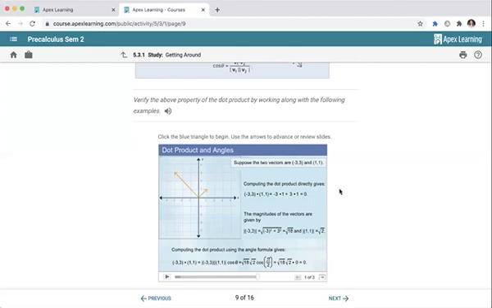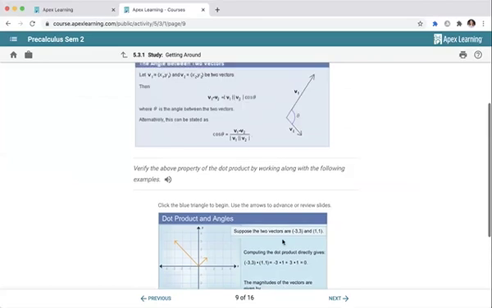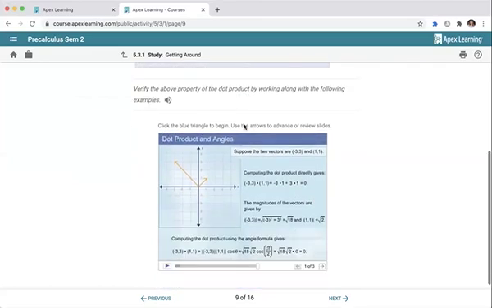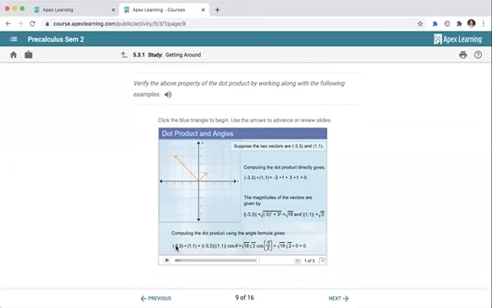Then if we were to compute this entire dot product, we would have v1 dot v2 is equal to the magnitude of v1 times the magnitude of v2 times cosine theta.